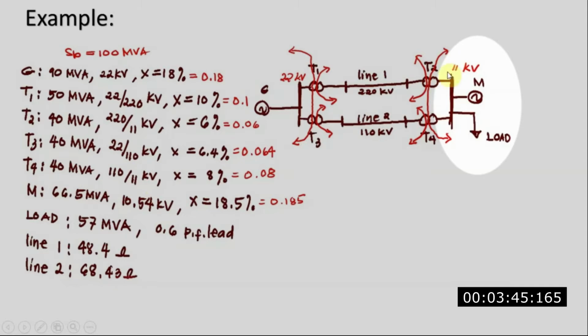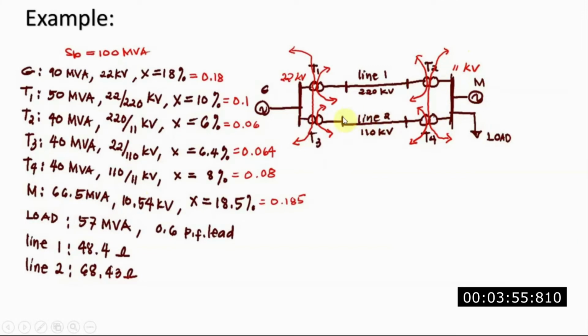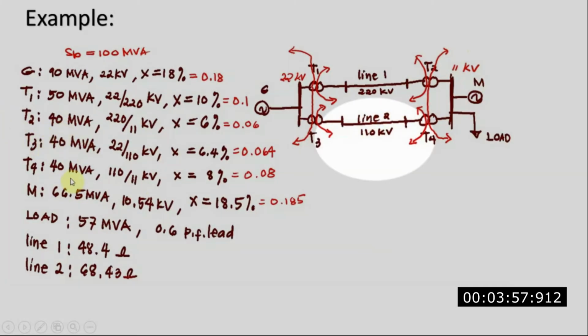So here, this section, and also the motor and the load, covers the selected base voltage, which is 11 kV. And also for line 2, for transformer 4 the primary side is 110 kV, and for transformer 3 you also have 110.